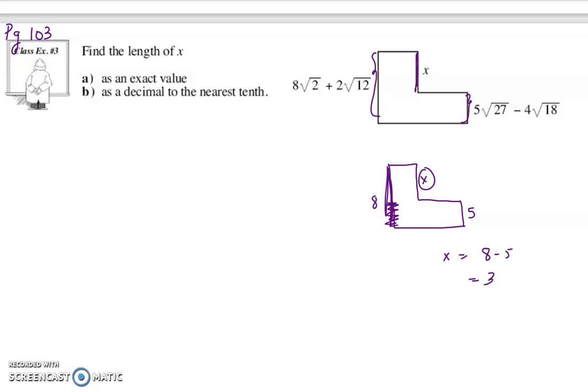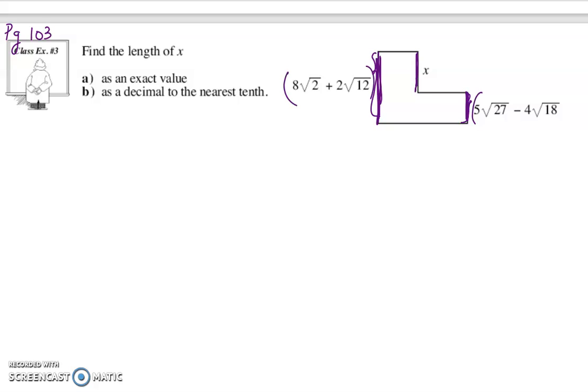So we're going to do the same thing. We're going to take this longer side and subtract this from it to get x. However, here, there are a couple of things happening. Give me a second and let me erase this. We have binomial terms, so that means we have two terms for each dimension.